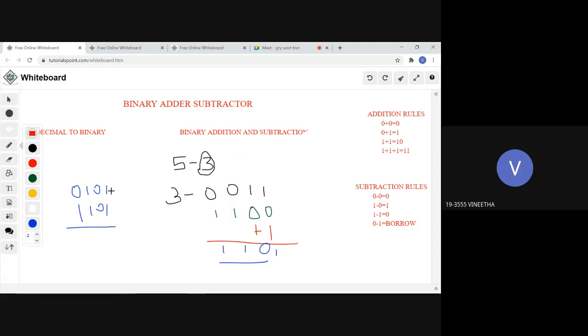So let's see what happens. 1 plus 1 is 10. 1 plus 0 is 1. 1 plus 1 is 10, so 1 is a carry and 0 is the sum. And again, 1 plus 1 is 10. In 2's complement, we neglect the carry. So this is our result, 0, 0, 1, 0, which is 2 in decimal. This is how we perform binary addition and subtraction.